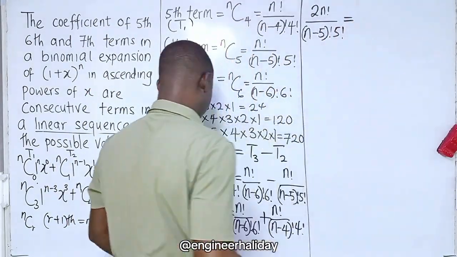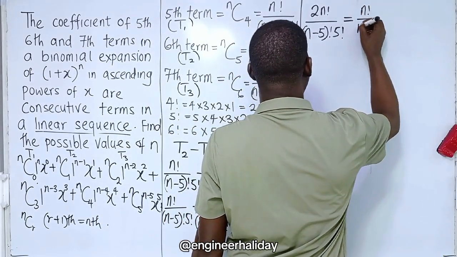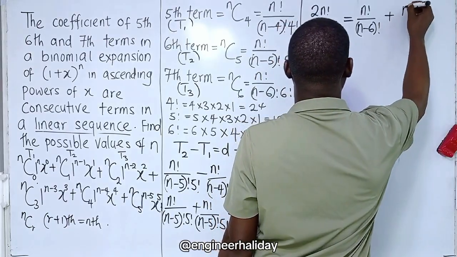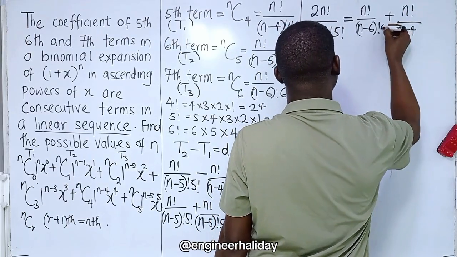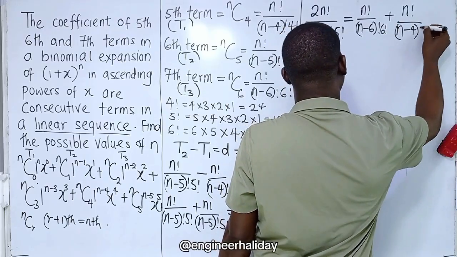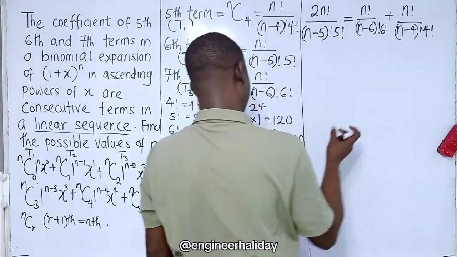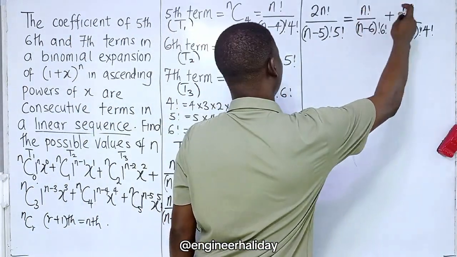is equal to what? Then this other side will now be n factorial over (n minus 6) factorial, 6 factorial, plus n factorial over (n minus 4) factorial, 4 factorial. Just repetition of what we did here. So now, do you agree that you factorize n factorial out?